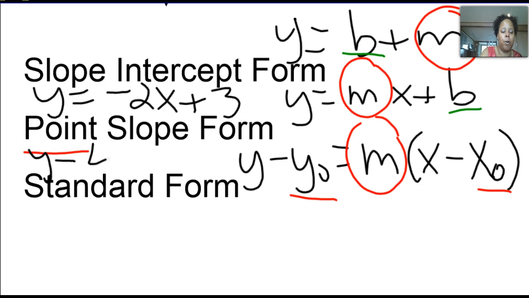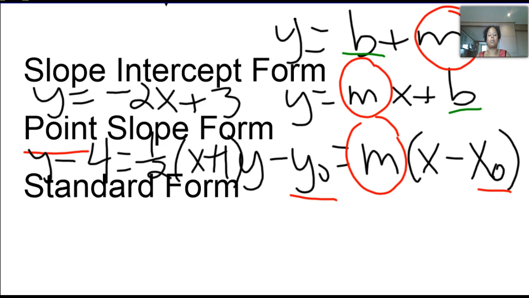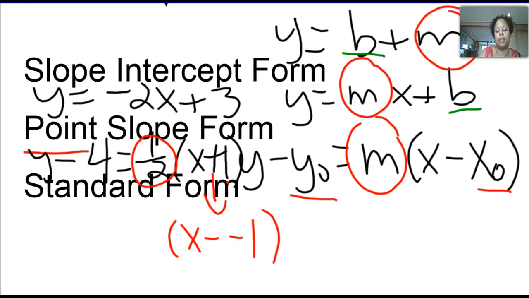y minus 4 is equal to 1/2 times (x plus 1). In this case, this line has a slope of 1/2. And it crosses through the point, not (1, 4), but the point (negative 1, 4), because x plus 1 can be rewritten as x minus negative 1.